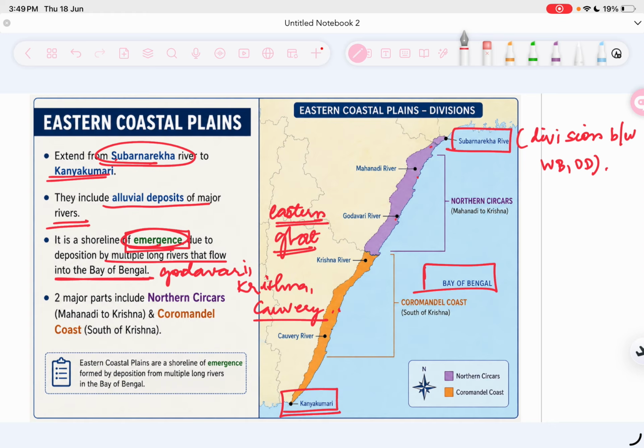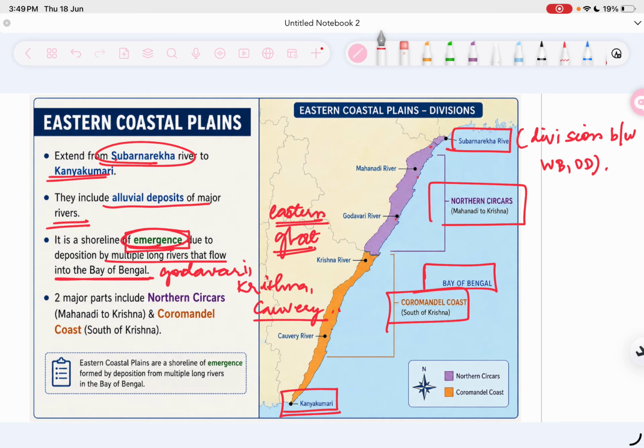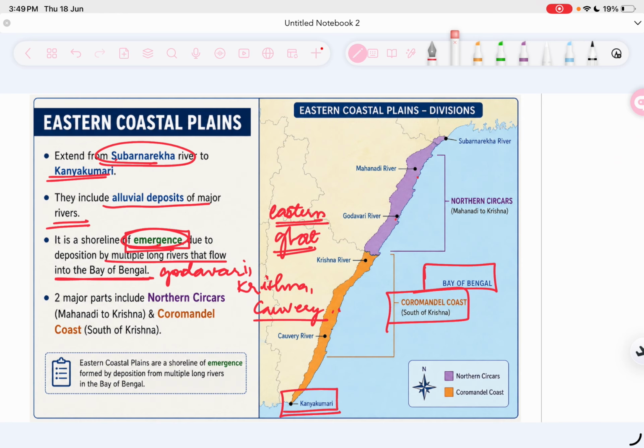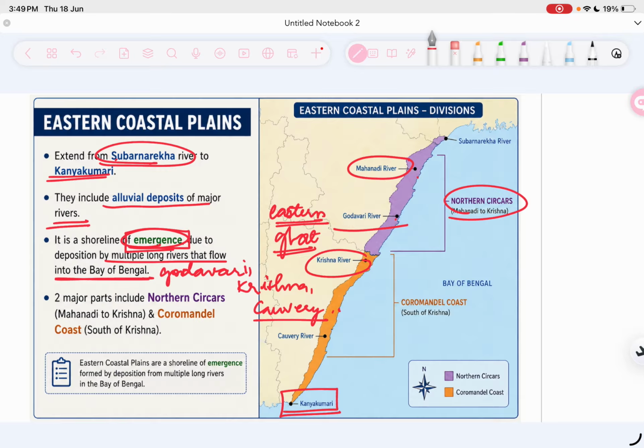Now there are basically two divisions of this eastern coastal plain, that is the Northern Circars and the Coromandel coast. When we are talking about the Northern Circars, it is basically from the Mahanadi to the Krishna. And when we talk about further south of the Krishna, it is the Coromandel coast. So when we are talking about the eastern coastal plain based on rivers, we can divide it into two parts, that is the Northern Circars and the Coromandel.